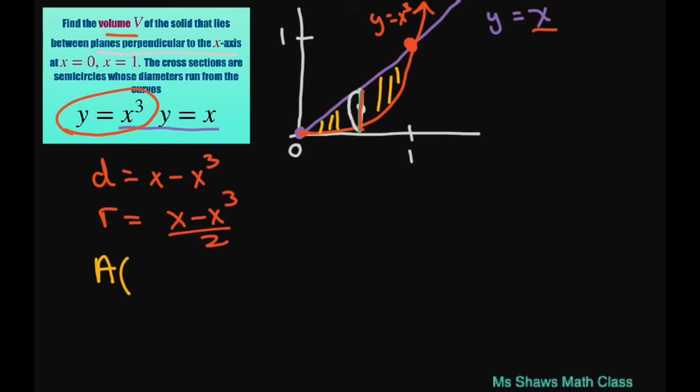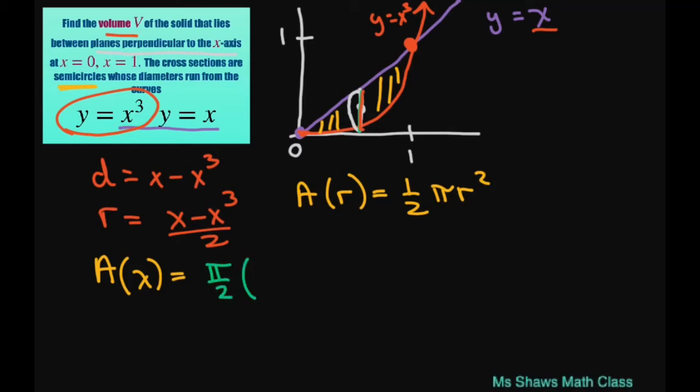A of x. All right, and so your area is 1/2 pi r squared, because we're doing the semicircles. All right, so this is going to be pi divided by 2, and then your r is x minus x cubed divided by 2 squared for the square part.